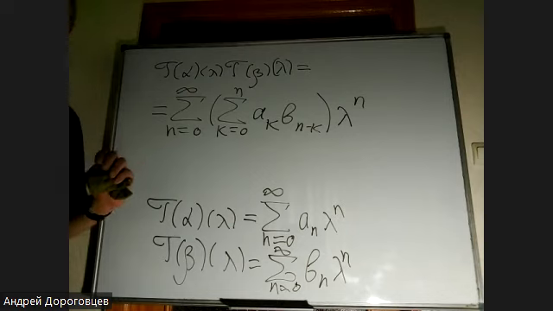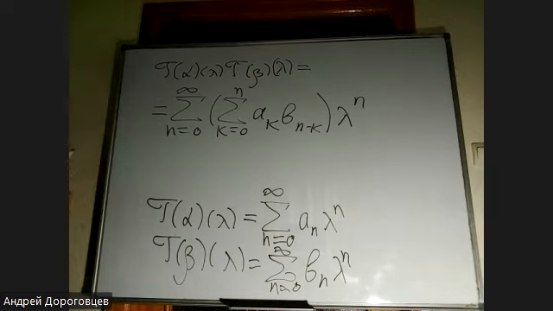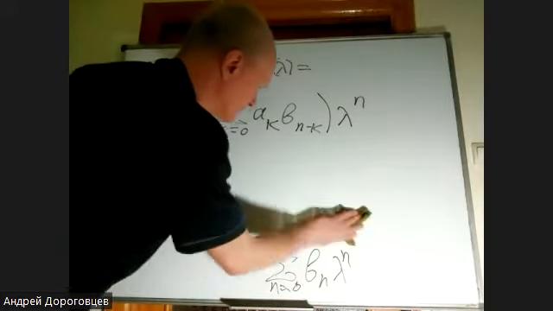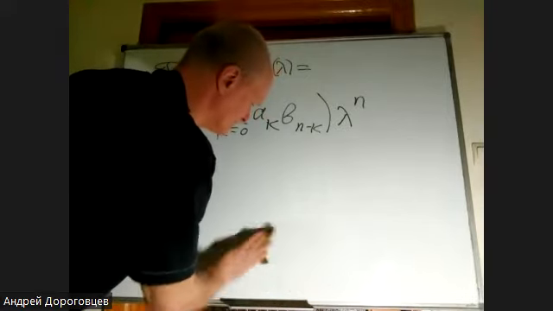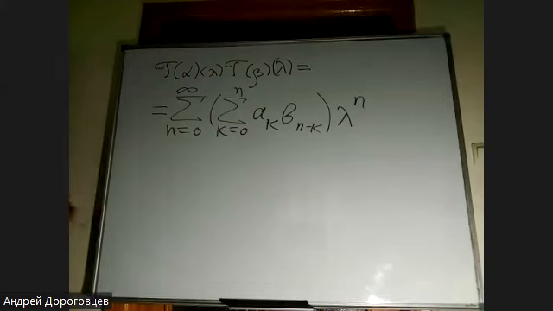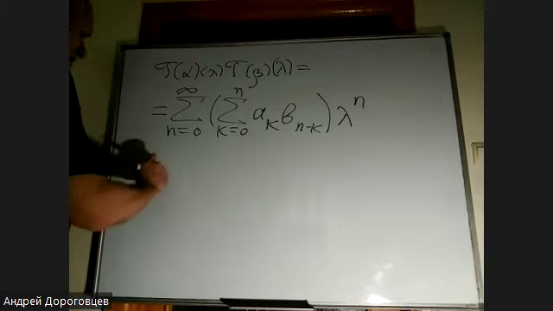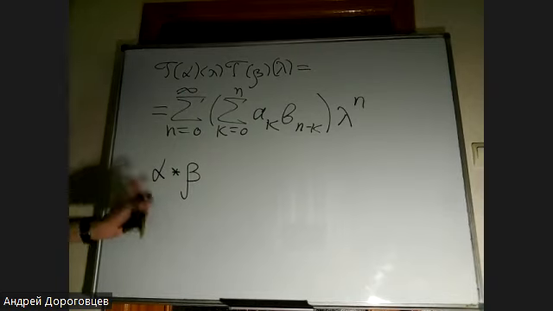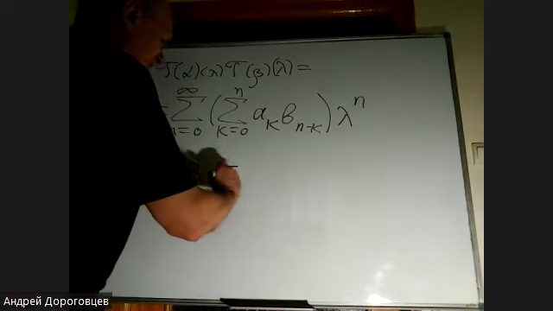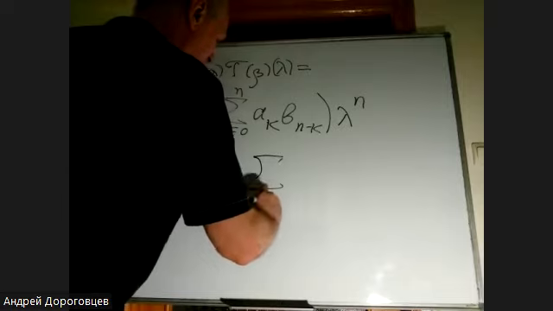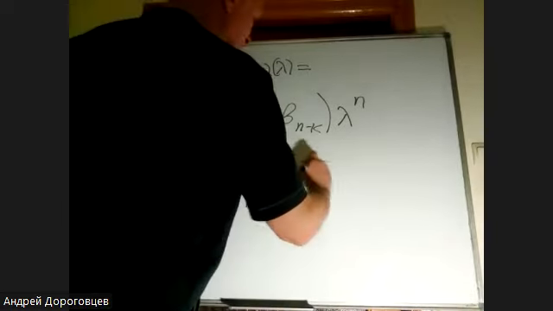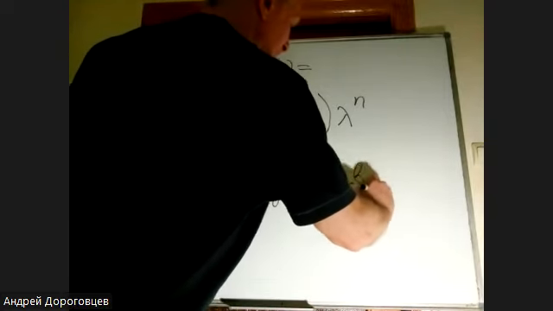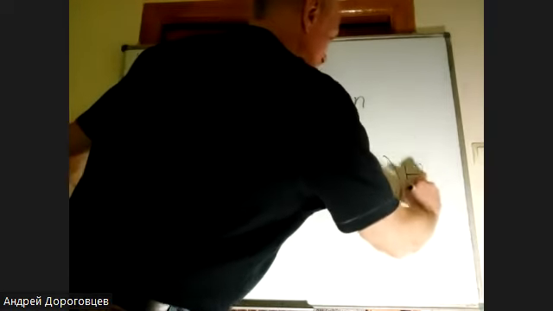But it can happen that it converges rapidly, and in this case, one can consider new random variables, such that we denote it by α star β, like a convolution, which is exactly the sum from n equals 0 to infinity, sum from k equals 0 to n, of a_k b_{n−k}, times h_n of ψ.